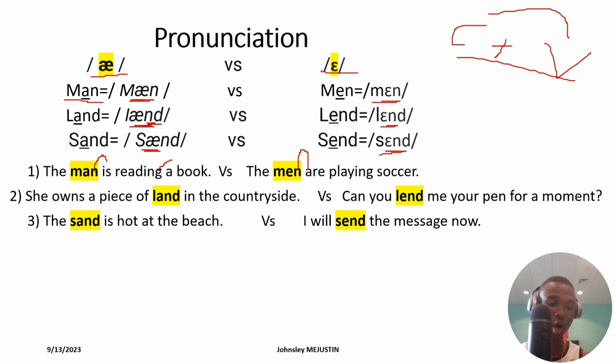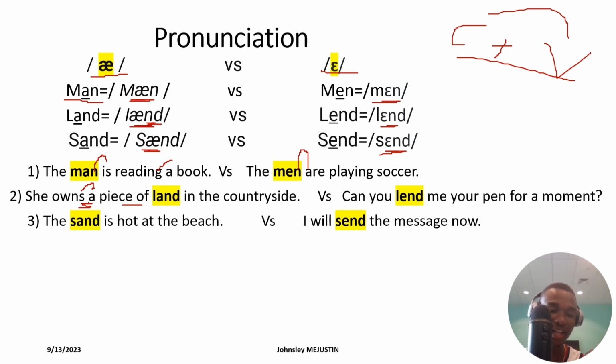She owns a. This is a consonant sound, and this is a vowel sound. She owns a. Link them. She owns a piece of. Piece of.